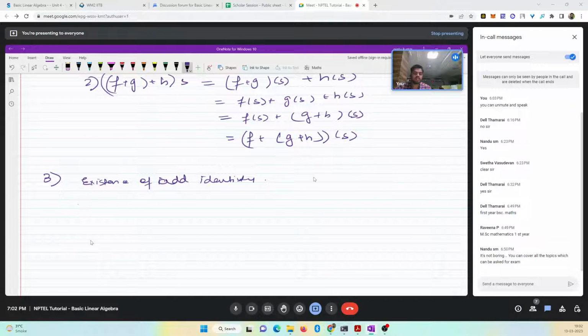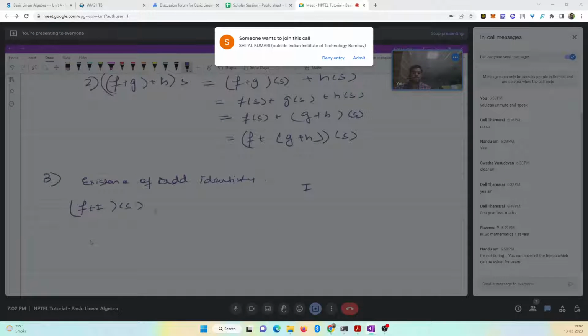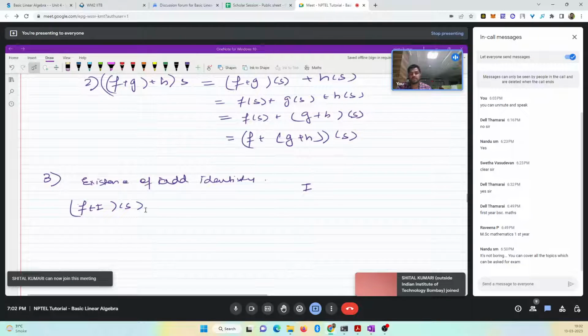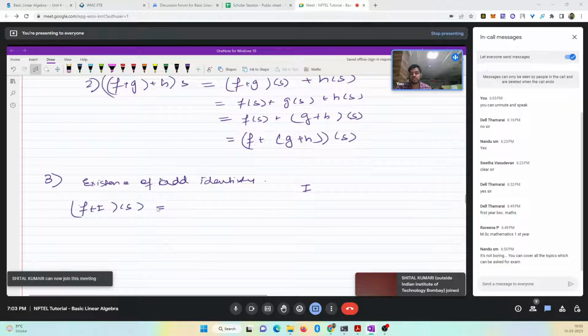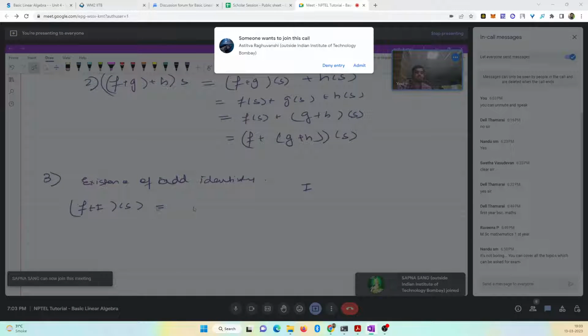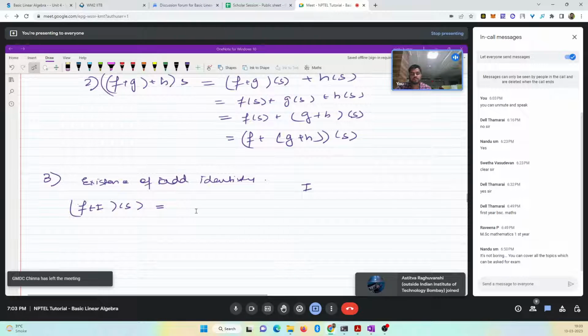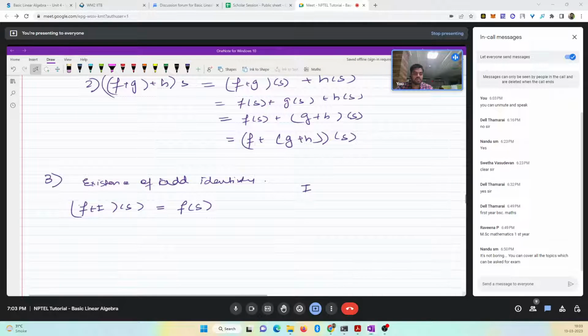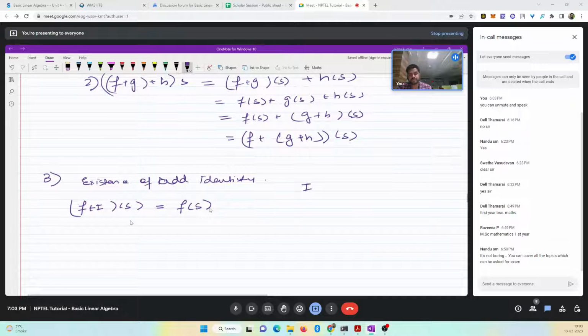Let's say our identity is denoted by I. Then what we want is that f plus I of s should always be equal to f of s. This is what we want, right? For this identity to be satisfied, this is what we want.